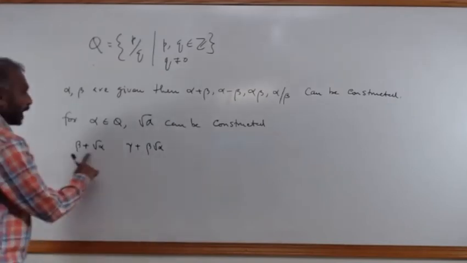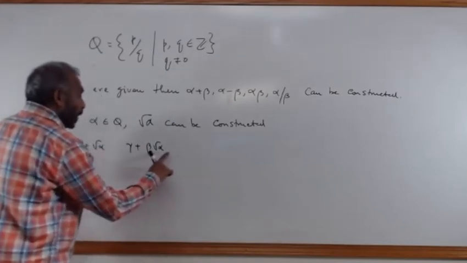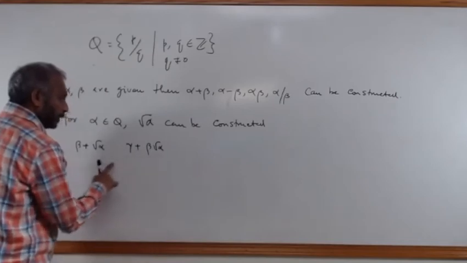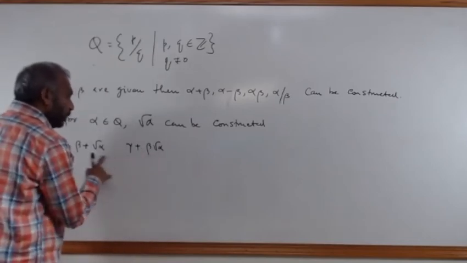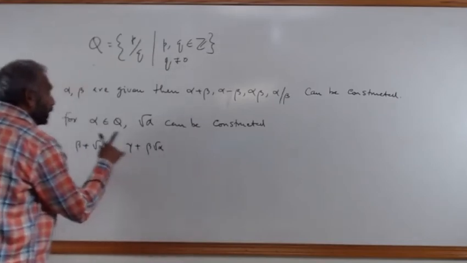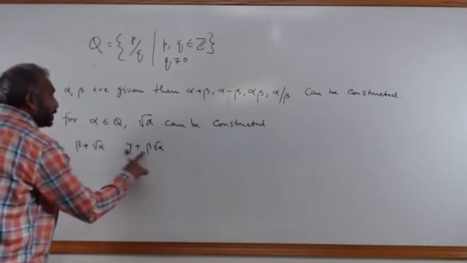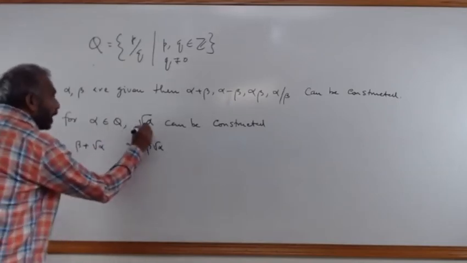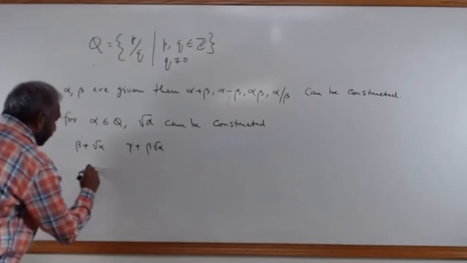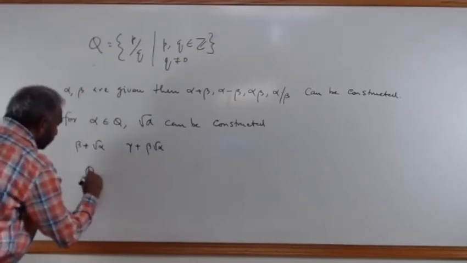So all these kind of numbers can be constructed. Where are these coming from? These are actually coming from the simple extension of alpha over Q.